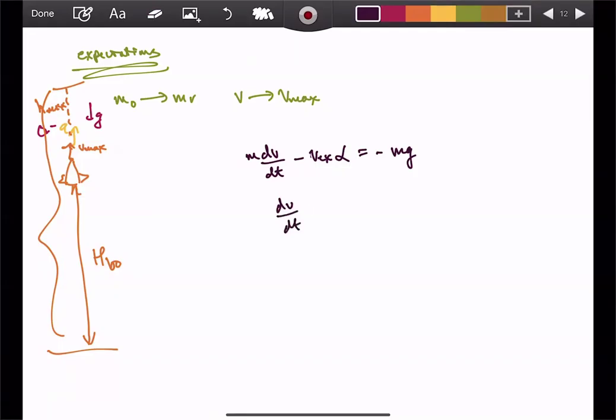So I get dv/dt is then equal to v expulsion over m alpha minus g. And then finally, let's multiply both sides by dt, use our separation of variables. So finally, I'm going to get dv then is equal to, let me write it this way, minus g plus v expulsion over m alpha dt.